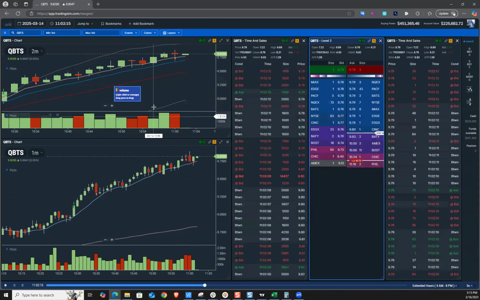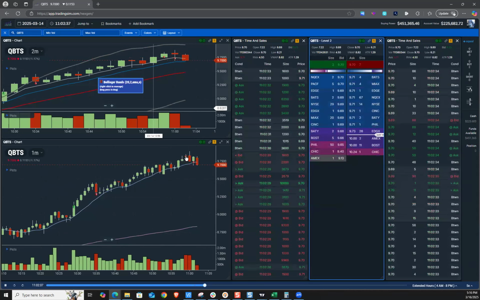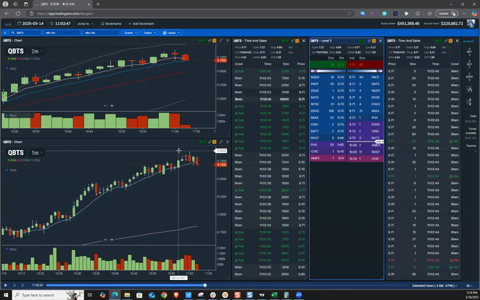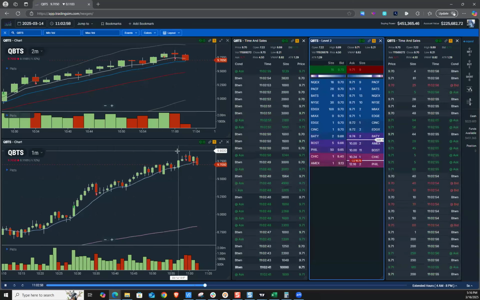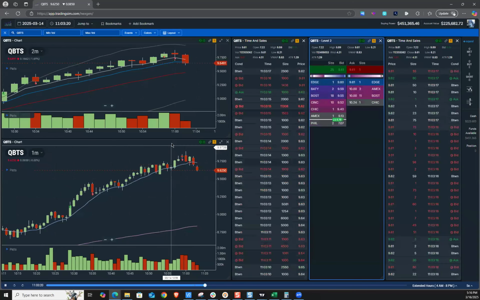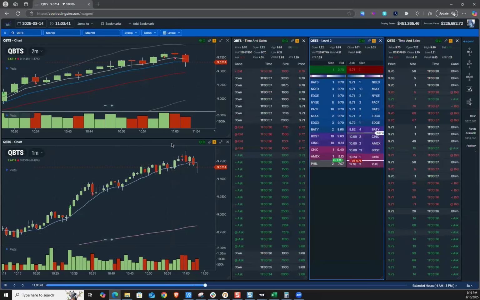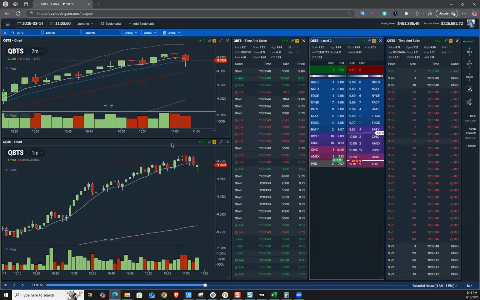What kills people on these is 1 in 100 of these. That's really about what it is. 1 in 100 of these is going to skip up $5. And you're going to look at every other trade and you're like, wow, why didn't I hold it? Well, because you're still going to be net negative if you're not taking profits on the others.